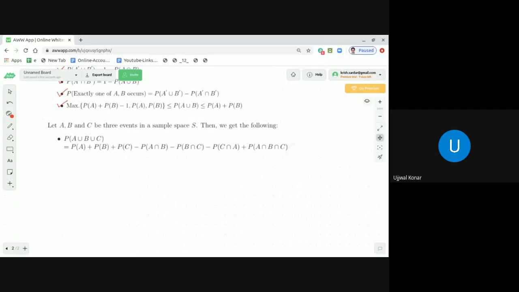Then we get the following. The first one is probability of A union B union C is equal to probability of A plus probability of B plus probability of C minus probability of A intersection B minus probability of B intersection C minus probability of C intersection A plus probability of A intersection B intersection C. Dear students, if you recall your understanding in set theory, there also, when you find the number of elements in the set A union B union C, you use this formula.